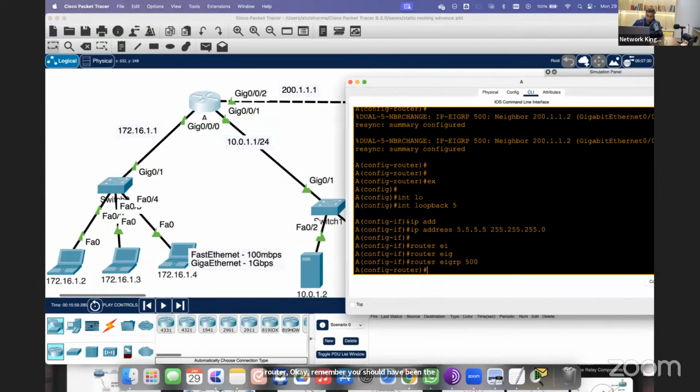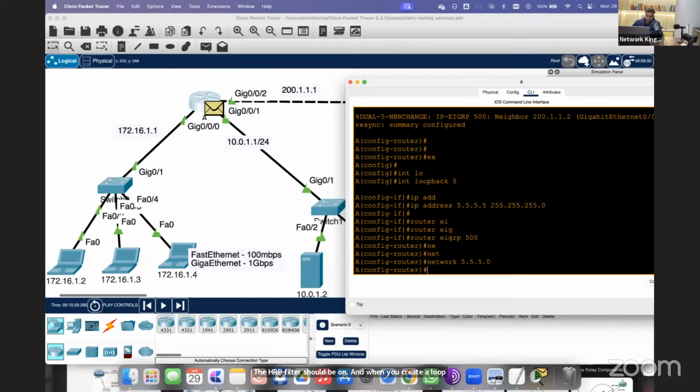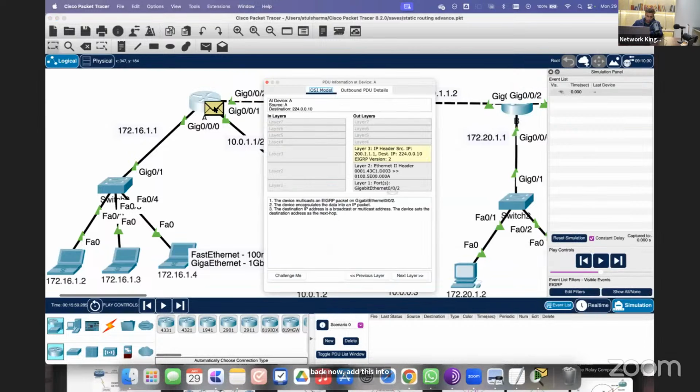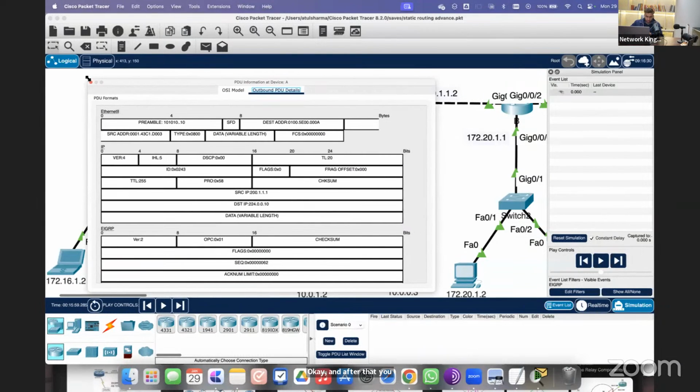When you create the loopback and add this into EIGRP, you see the update packet. When you open it, you see this is version 2 and the multicast address is 224.0.0.10. The packet is going on that multicast address and it has protocol number 58 in hexadecimal.